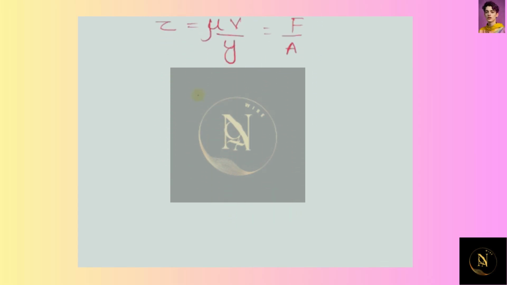So the surface area of the cylinder is given as pi d into L. So now if we equate both the expressions, we'll have F upon A equal to mu V divided by Y.